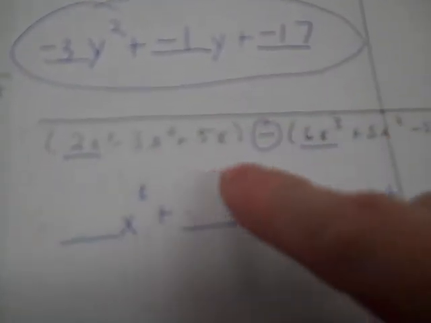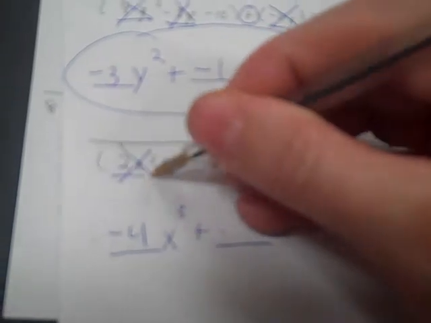So x to the third, I have a 2x to the third and a 6x to the third, and we need to do the subtraction operation. So it's 2 minus 6, which is negative 4. Okay, and then we can cross those out. Okay, now x to the second, I have negative 3x to the second here and positive 3x to the second. So I take 3 minus positive 3, and that's 0.